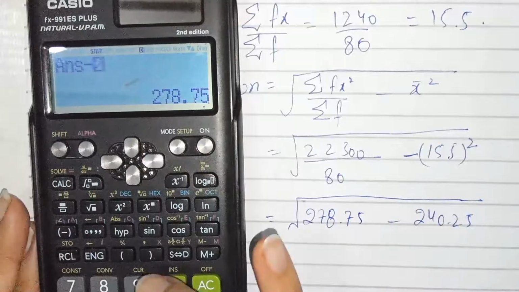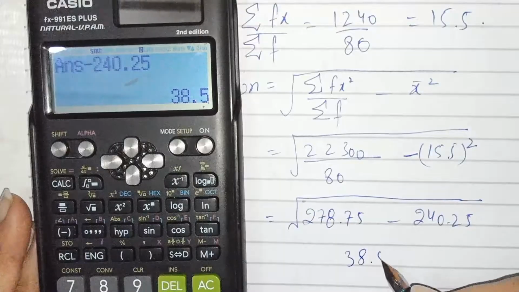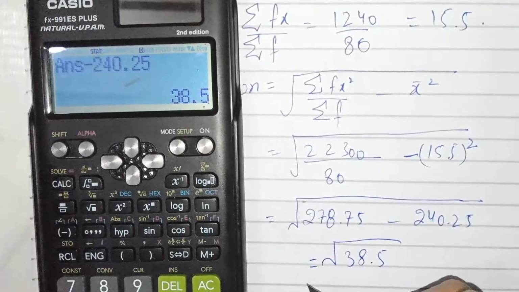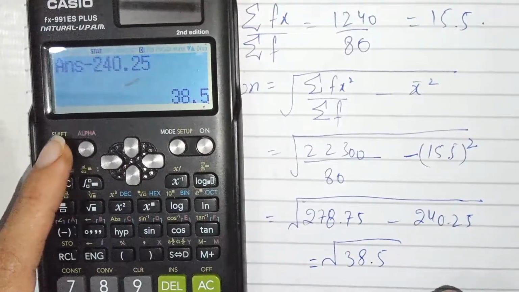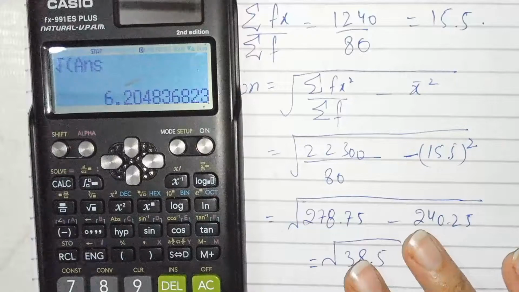By subtracting 240.25, we get 38.5, and taking the square root, we get the answer 6.20.